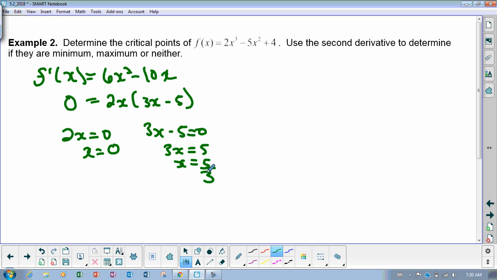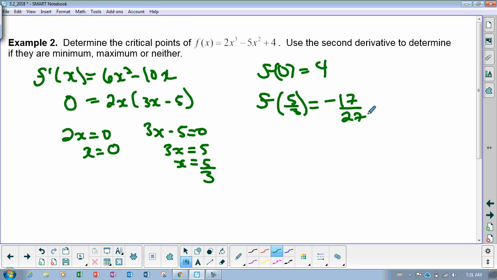So right now I know that at x equals 0, f is 4. If you substitute in 5 over 3, we get negative 17 over 27. So I know I have two critical points at those values, but I want to know if they are minimum or maximum.